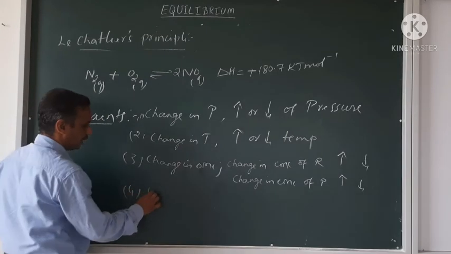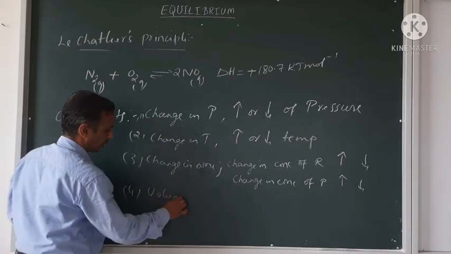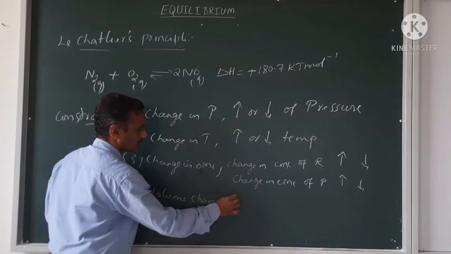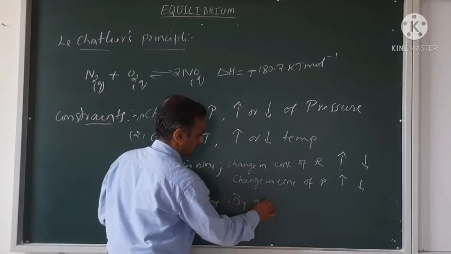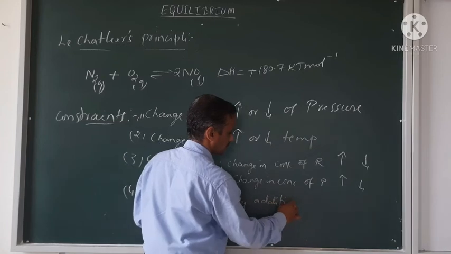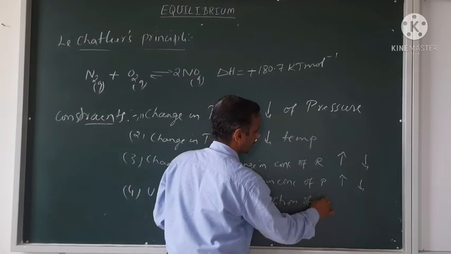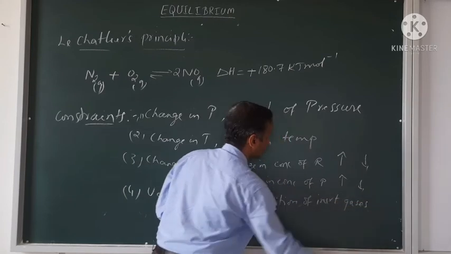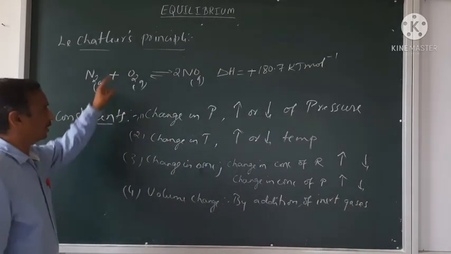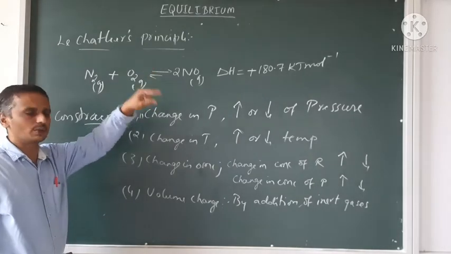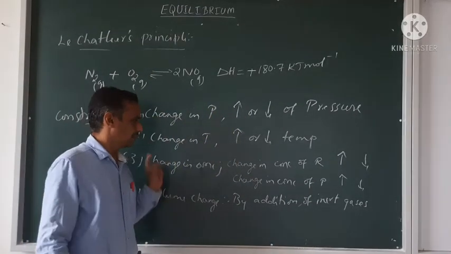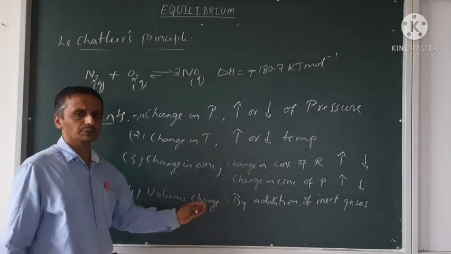Then change in volume, how? By addition of inert gases, etc. So these are the constraints which can be applied to a system at equilibrium.